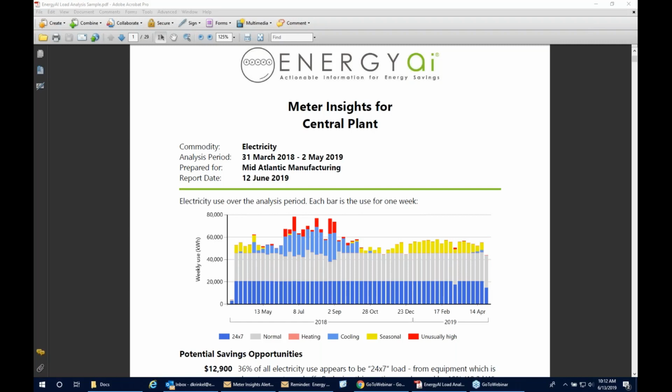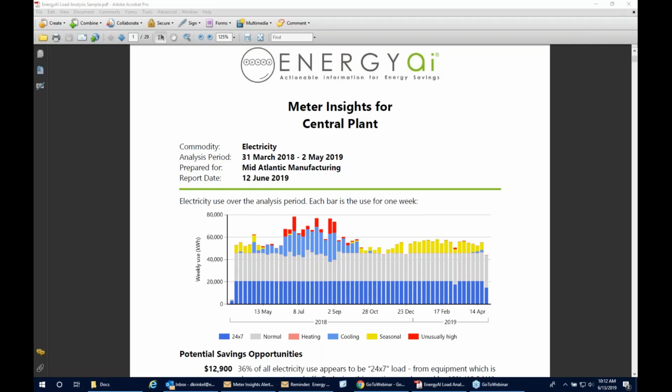This is not something you would use, like metrics, for example. This is not a replacement for metrics. It's something to start the discussion, show where there may be potential savings, and how the facility operates. All right, with that as a too long introduction, I'm going to jump into the report.